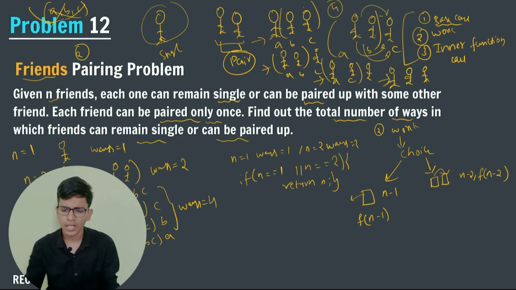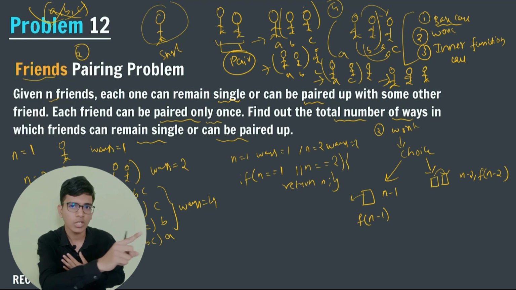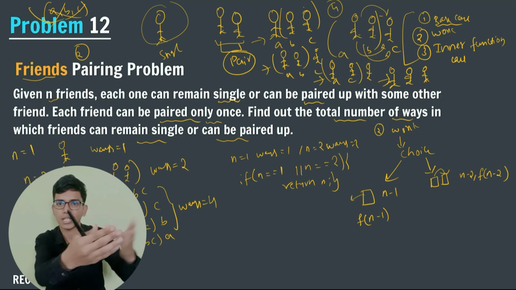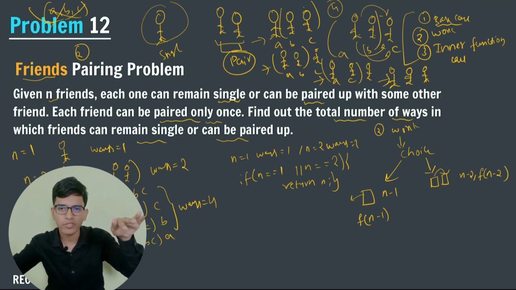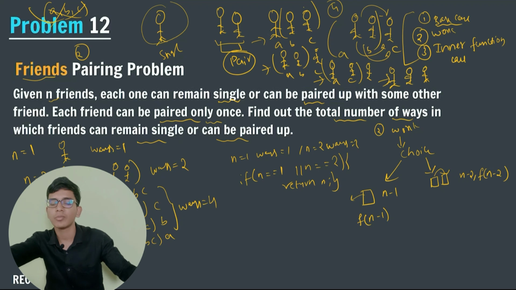Okay, so here one more thing we need to understand. Suppose there are 10 friends in our group, and I want to make a pair with another person. So the total number of friends for me is 9, right? In a group of 10 people, let us consider that I am one of them. So for me there are 9 friends that I can pair with.